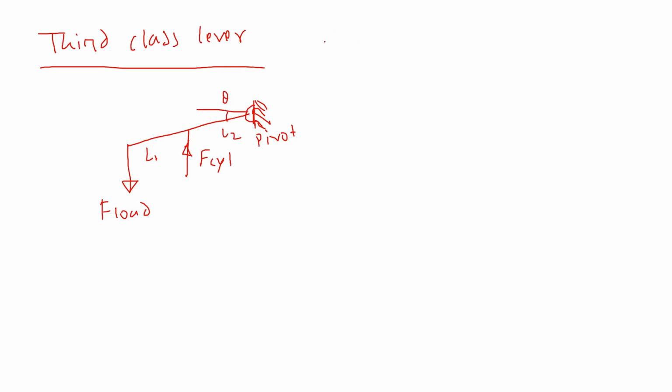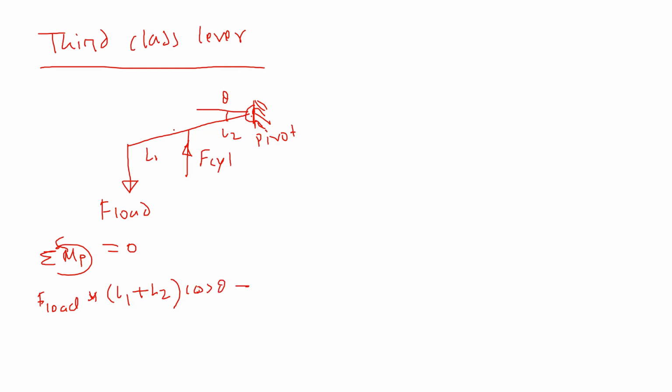Now, if you take the summation of moments with respect to the pivot point, all moments anti-clockwise, equal to 0, anti-clockwise positive. So for the F load, we get a positive moment because it's going to make an anti-clockwise moment with respect to this point. So F load times the moment arm, the shortest distance, is L1 cosine theta.